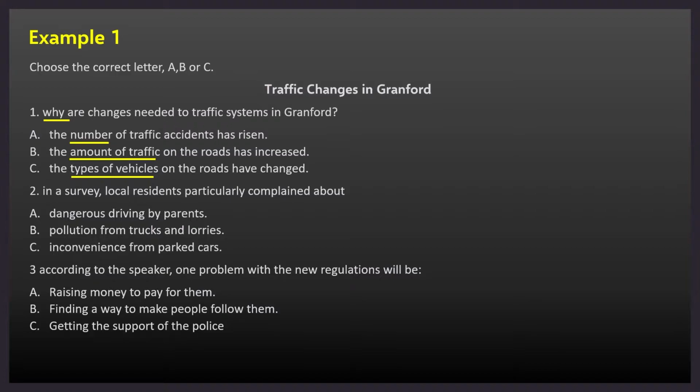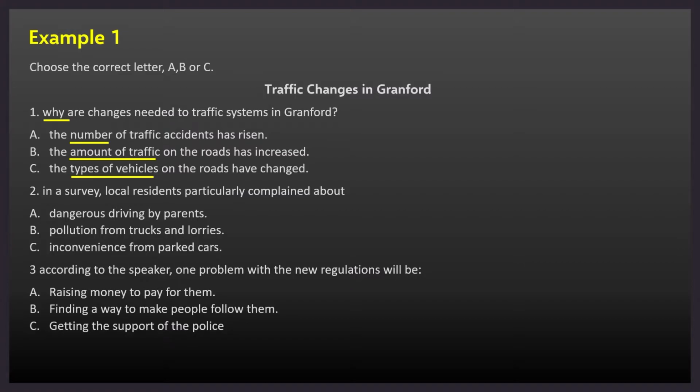Alright, let's go to question 2. Now in question 2, you can see that it's not a real question. It's just a sentence that says, in a survey, local residents particularly complained about. Now, survey can be important. It's an indicator that there will be something about a survey.